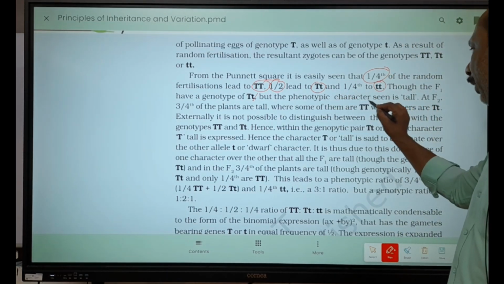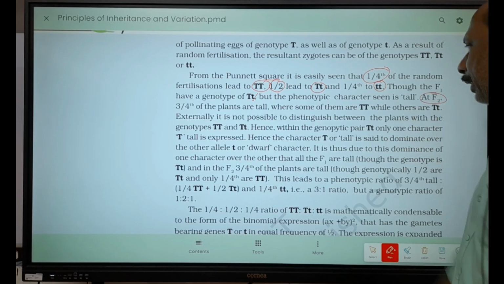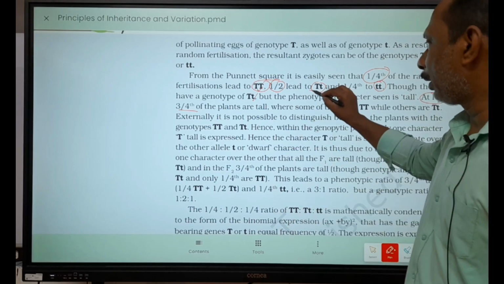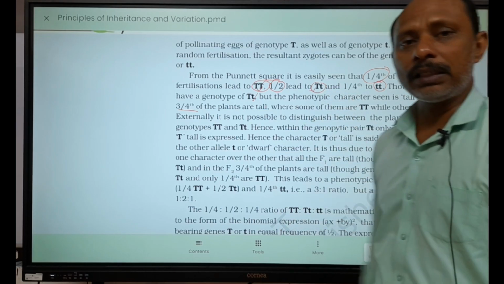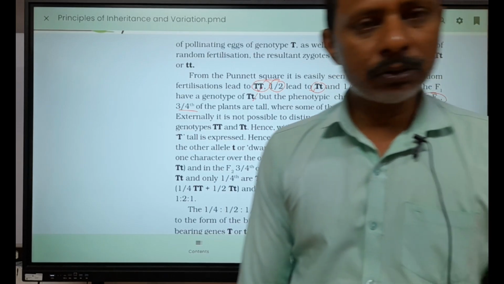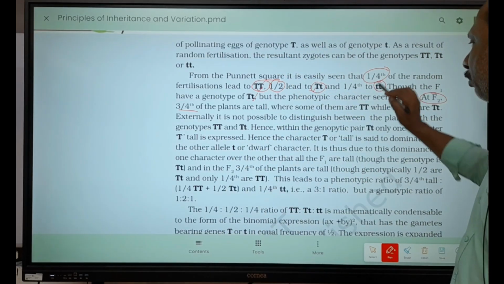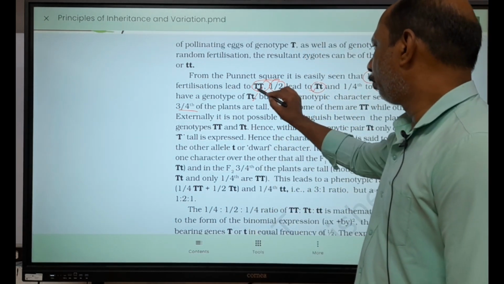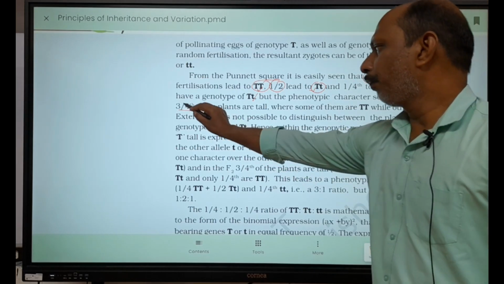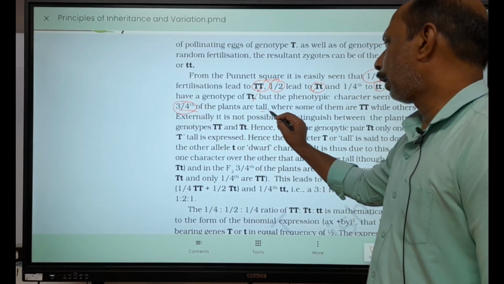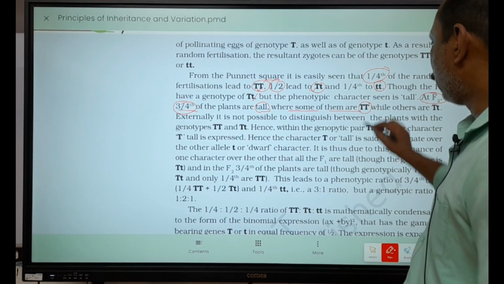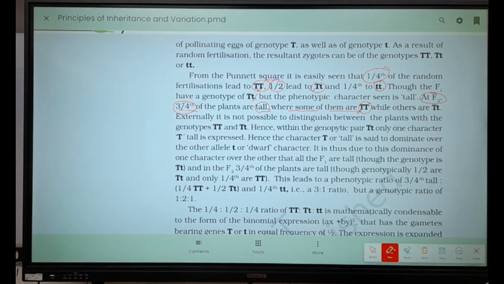When we consider the F2 generation, 3/4 contain capital T, so they are tall. With capital T small t, capital T is present and capital T is the dominant character, so the phenotype is also tall. But this one is only small t, no dominant character is there, so it is dwarf. We understand this as 2 plus 1, 3. So 3/4 of the plants are tall, of which some are capital T, pure breed tall, and others are hybrid tall.